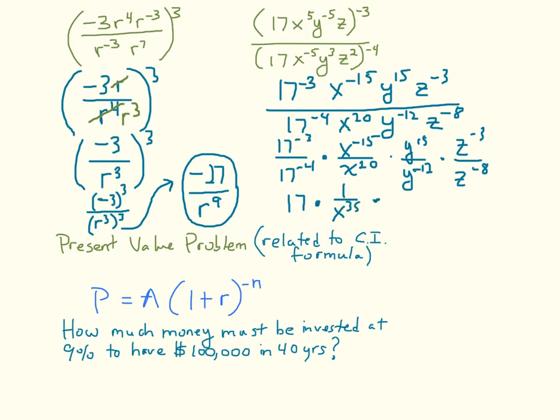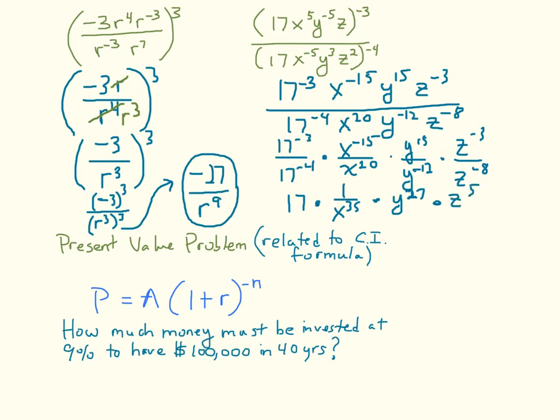And then I'm going to want to move this -12 up to the numerator as a positive exponent, combine with that y to the 15th, so that's going to be y to the 27th power, and that's in the numerator. And then here I'm going to want to bring this -8 to the numerator as a +8 and combine with that -3, so they would add the exponents there, and that would be z to the 5th power.